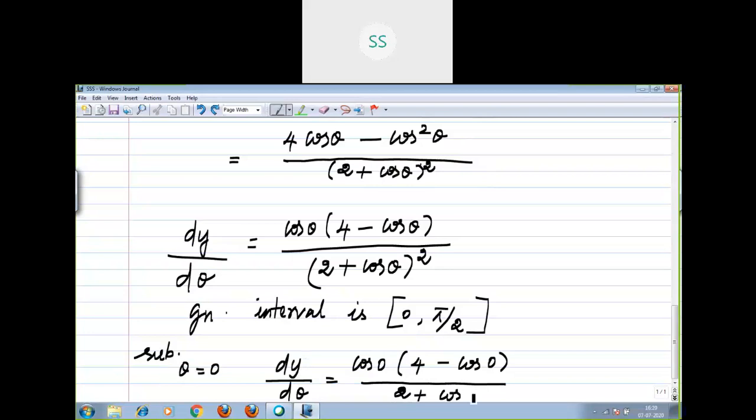2 plus cos 0 the whole square. You know what is the value of cos 0? Cos 0 is 1. So 1 into 4 minus 1 divided by 2 plus 1 the whole square, right?